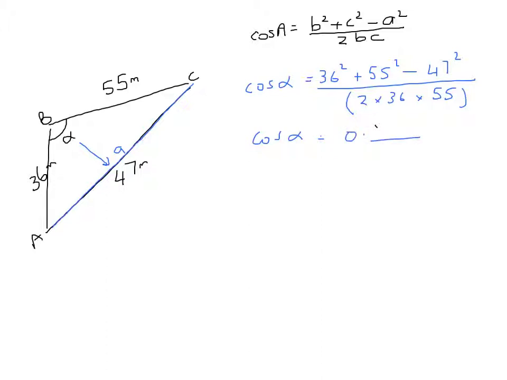Usually you'll find an answer there, and I'm trying to remember what the angle comes out to. Can't remember. Anyway, you should be able to find that answer. Is it 57.9? 57.9 degrees. There we go. So try and find that.